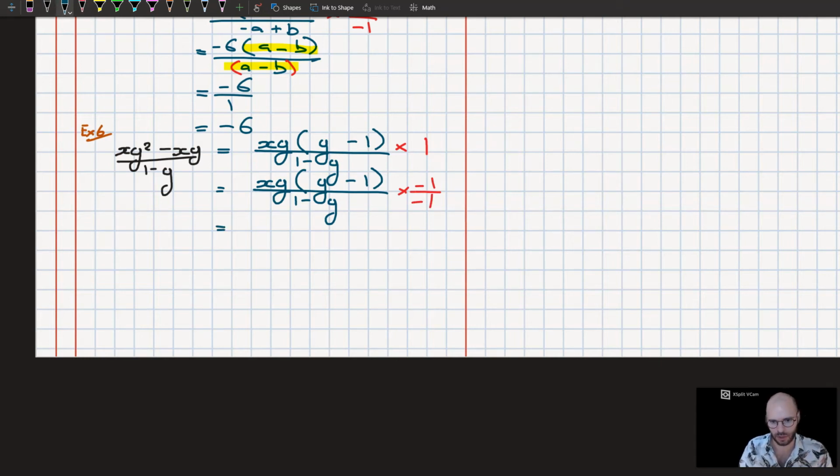Now, because we're multiplying the top, that's going to become negative xy. Y take 1. Then downstairs, that's going to become y minus 1. Then we're dealing with double up here. And therefore our final result is going to be minus x, y.